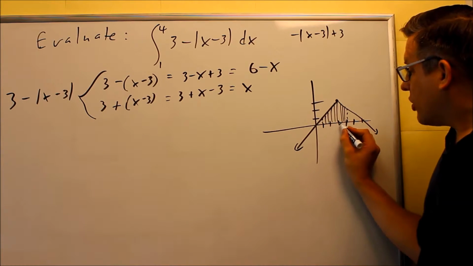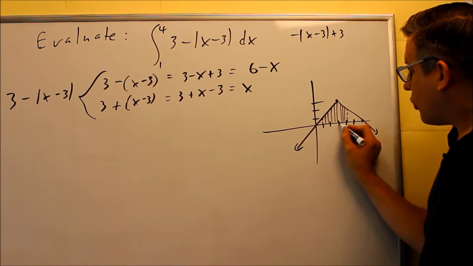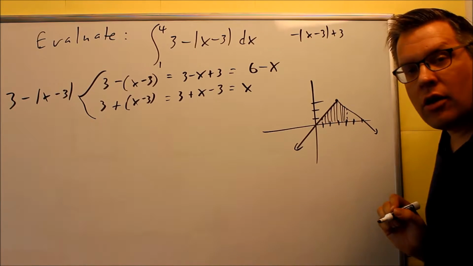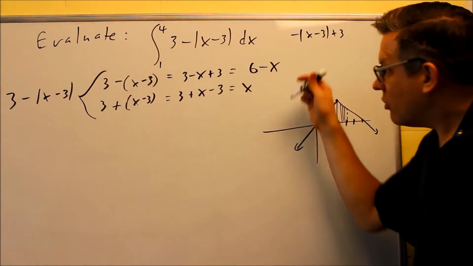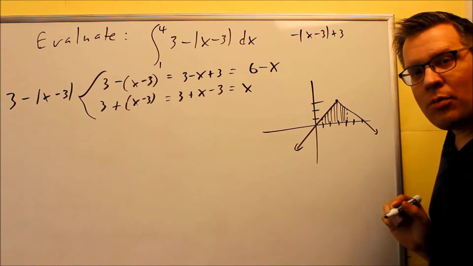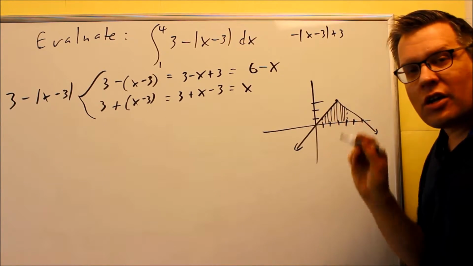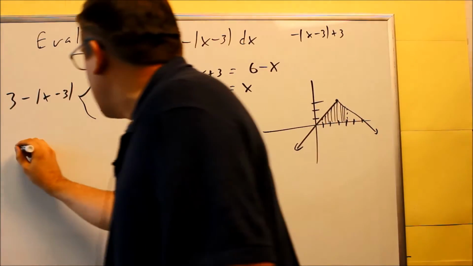I'm going to go from 1 to 3 with this line, and then from 3 to 4 with this line, and that's going to give me the whole entire area underneath that one. So whenever you have an absolute value problem, you do want to do it this way. Break it up and do a quick sketch to find out how you're going to have to break it up, because we can't just do it all in one step, because we're working technically with two different lines here, two different functions.